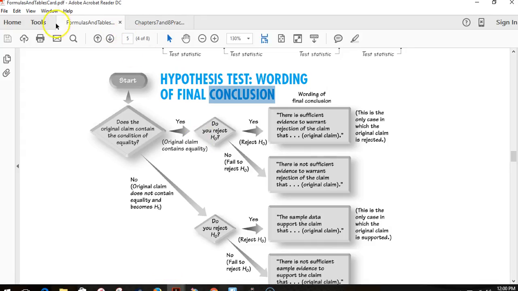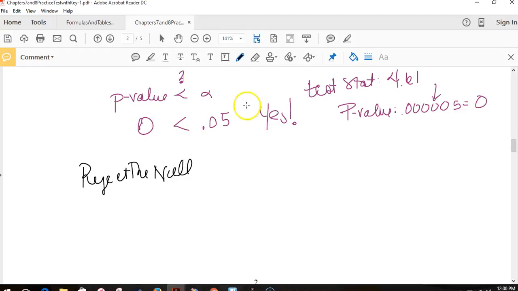But we are going to just take this whole piece and put that in here. Maybe not. So we'll have to just type it out. Reject the null.